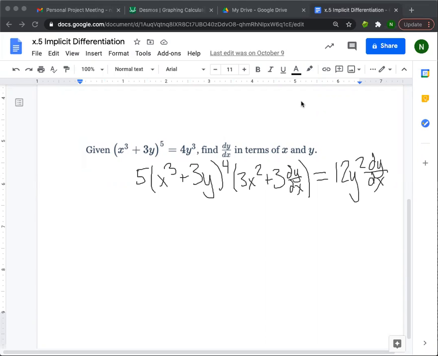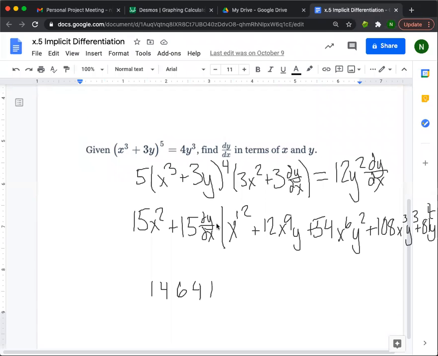But I'm going to go ahead. You can multiply the 5 times the 3x squared term. So we have 15x squared plus 15 dy/dx. And then that's being multiplied times this long polynomial. It's a trick. The binomial expansion theorem just helps me know what I'm supposed to be doing.